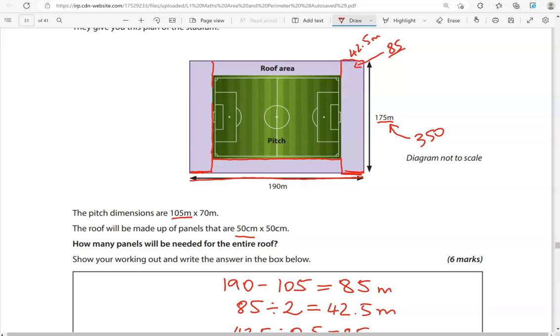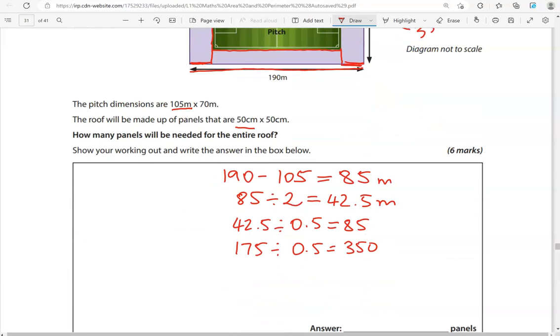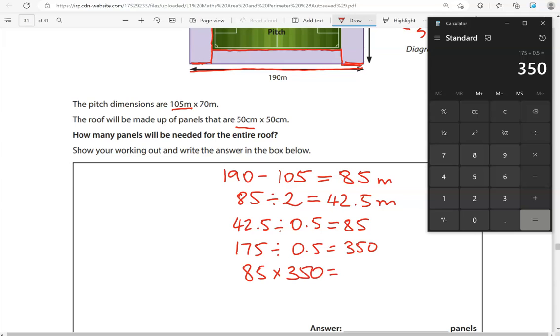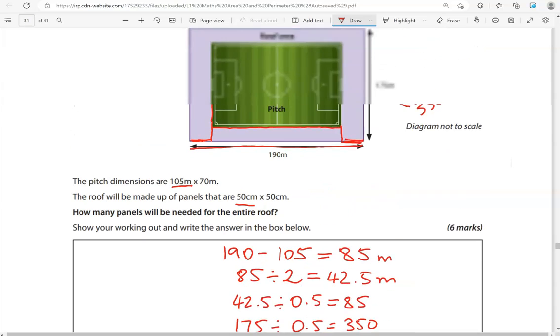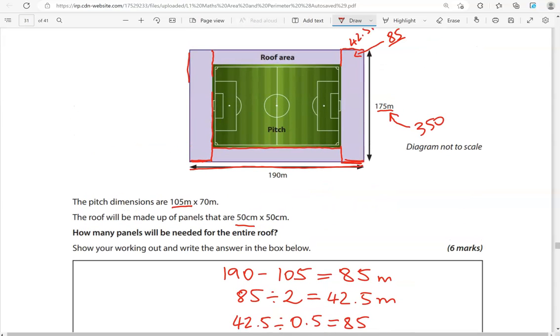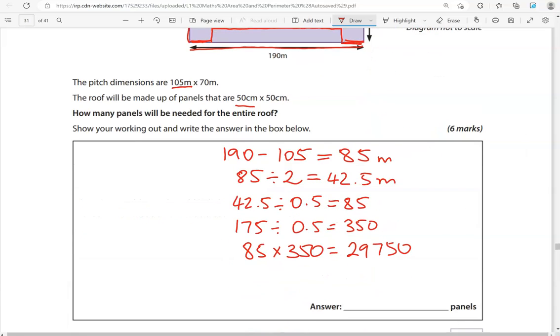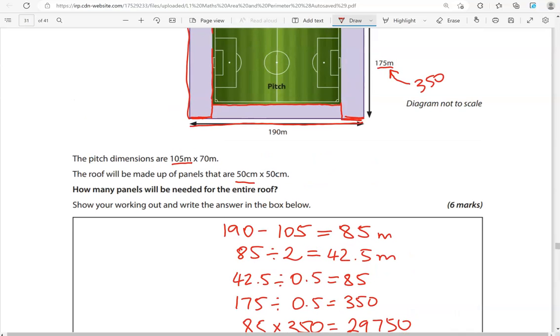So we'll do 85 times 350, which is 29,750. And this rectangle here has the same dimensions, so I'm going to say another 29,750.